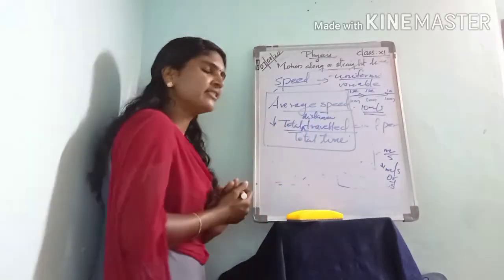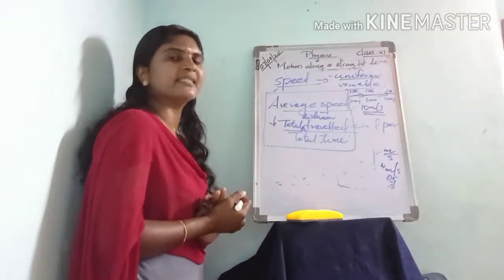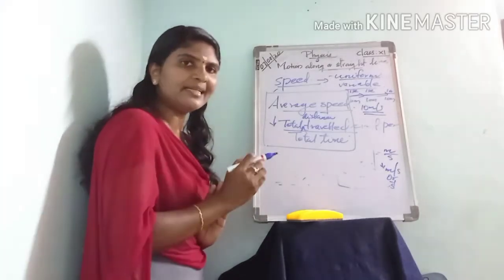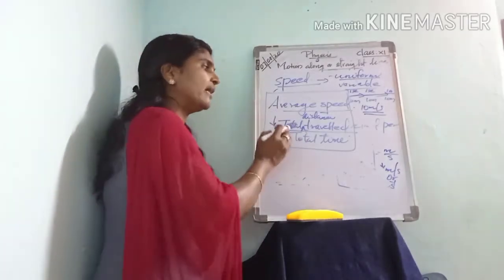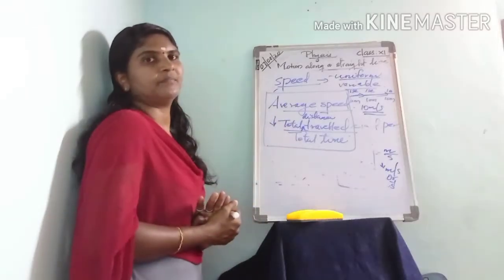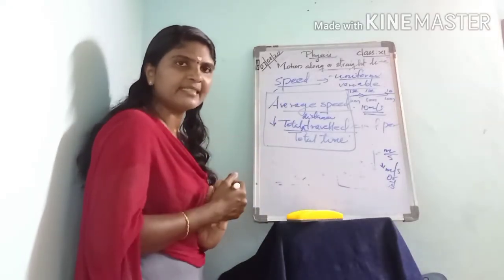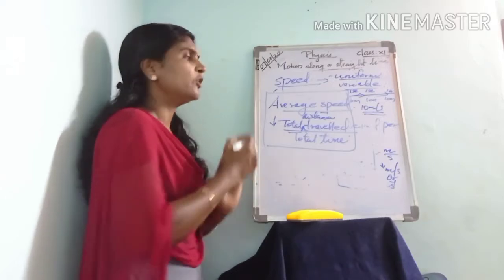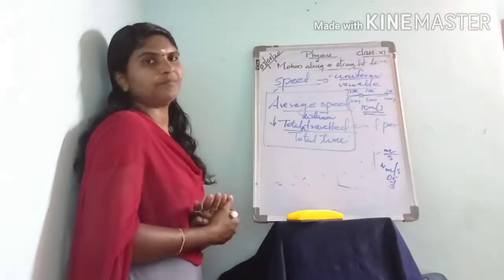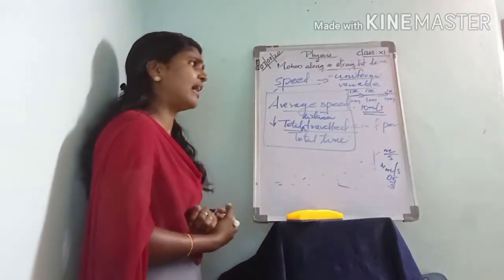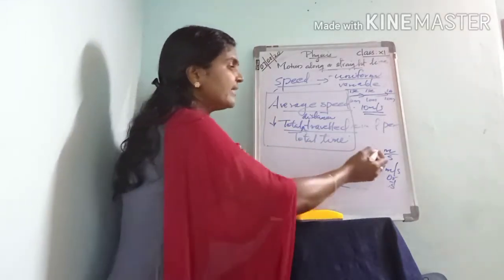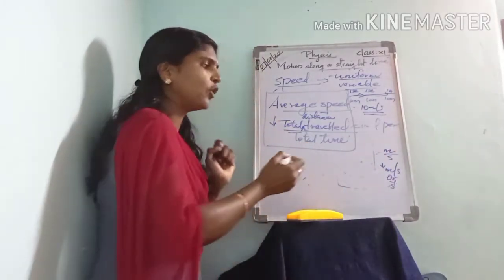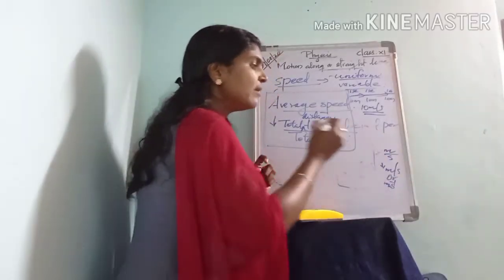What is average speed? Average speed is the ratio of total distance travelled by total time taken. Can you say the unit of average speed? Here also the unit is meter per second or meter second raised to minus 1.